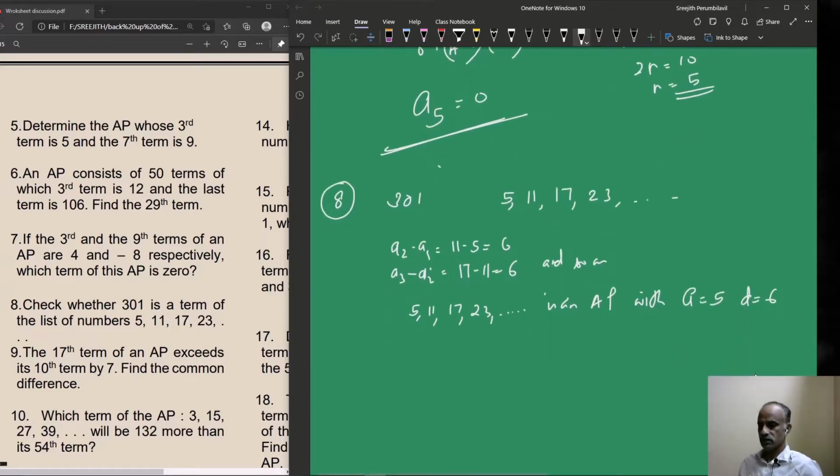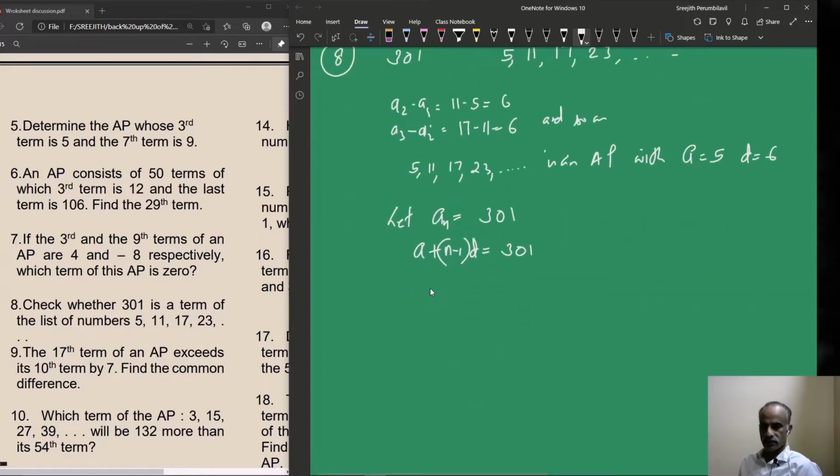Now the question is, check whether 301 is a term. So let the nth term be 301. We are considering that this 301 be the nth term, that is maybe 20th, 30th, 40th, I don't know. So the nth term a plus n minus 1 into d is equal to 301.